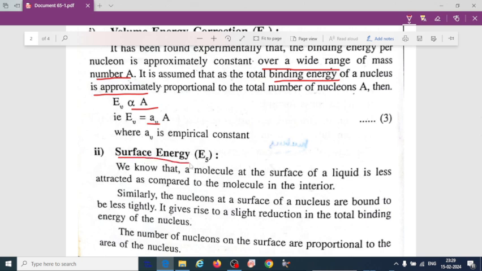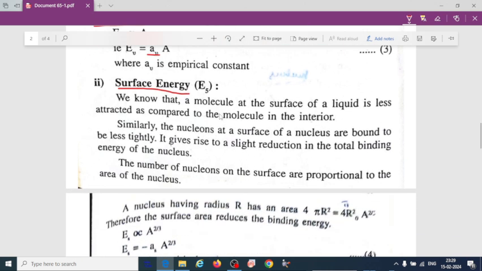Second one, surface energy. A molecule at the surface of a liquid is less attracted as compared to a molecule in the interior. If we take a liquid as an example, considered as the nucleus, the idea is how the molecules outside and inside are attracted.